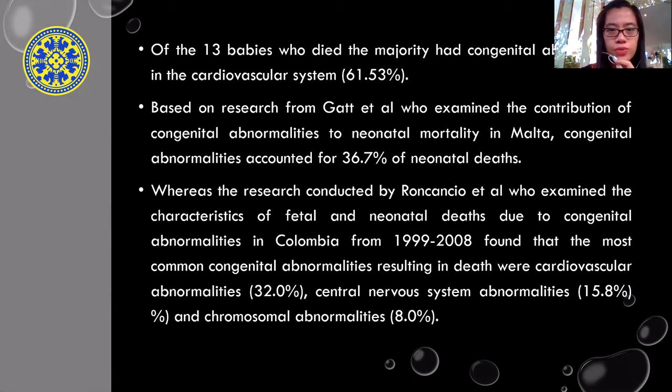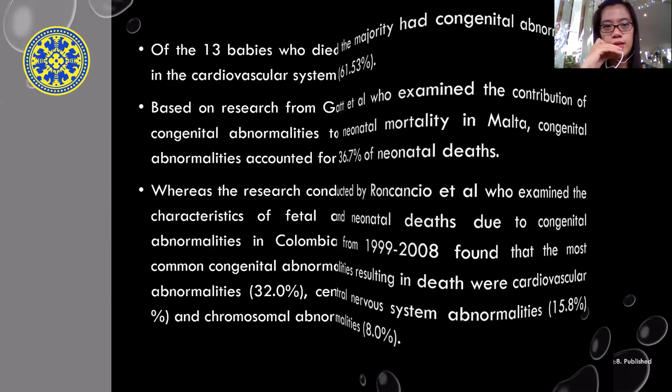Based on research from Get et al., who examined the contribution of congenital abnormalities to neonatal mortality in Malta, congenital abnormalities accounted for 36.7% of neonatal deaths, whereas research conducted by Ronquencio et al., who examined the characteristics of fetal and neonatal death due to congenital abnormalities in Colombia, found that the most common congenital abnormalities resulting in death were cardiovascular abnormalities, CNS, and chromosomal abnormalities.